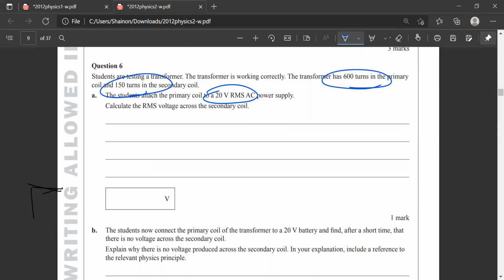VRMS is 20, 600, 250. So using N1 over N2 equals V1 over V2. You can flip it so then we can find V2 straight away. Then V2 equals 5.